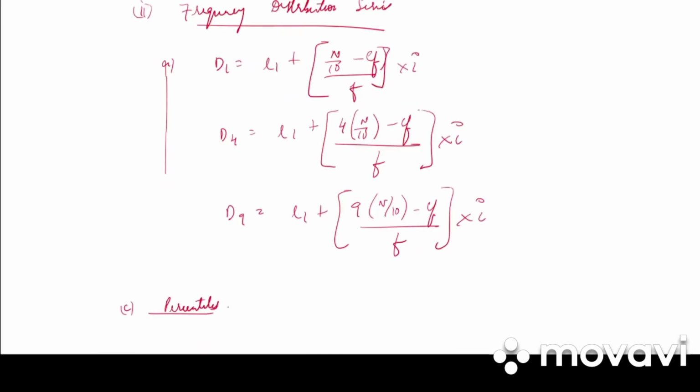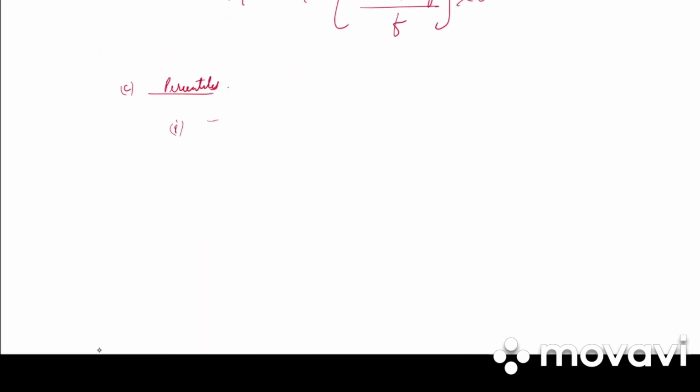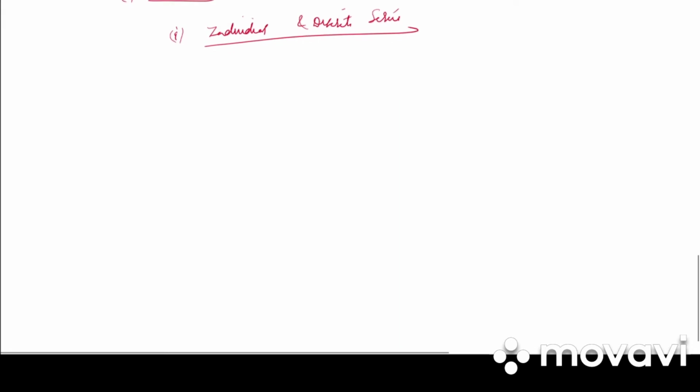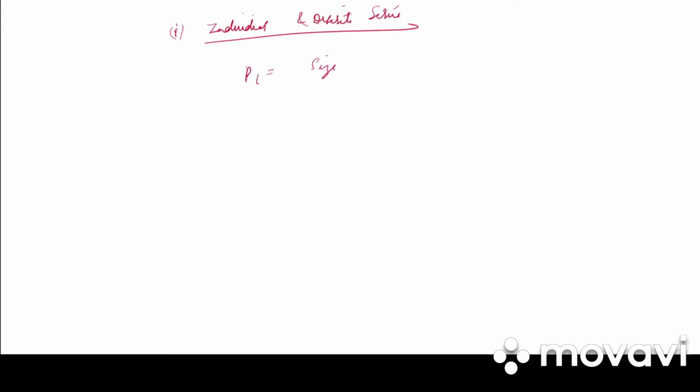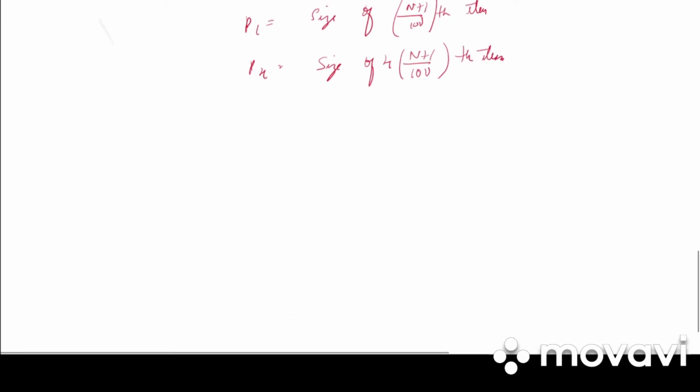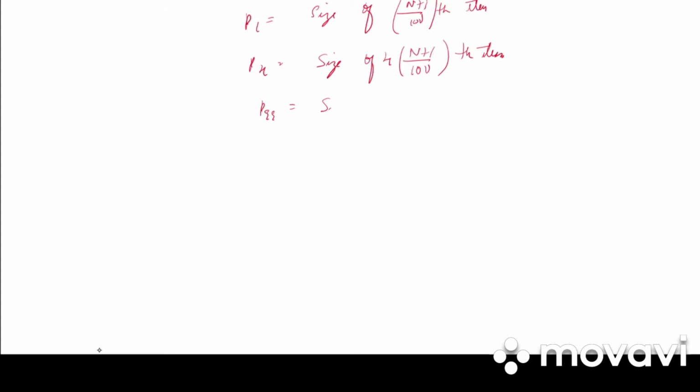Again, under that first one, individual and discrete series, P1 is equal to size of (n plus 1) by 100 item, P4 is equal to size of 4 into (n plus 1) divided by 100 item, P99 is equal to size of 99 into (n plus 1) by 100 item.